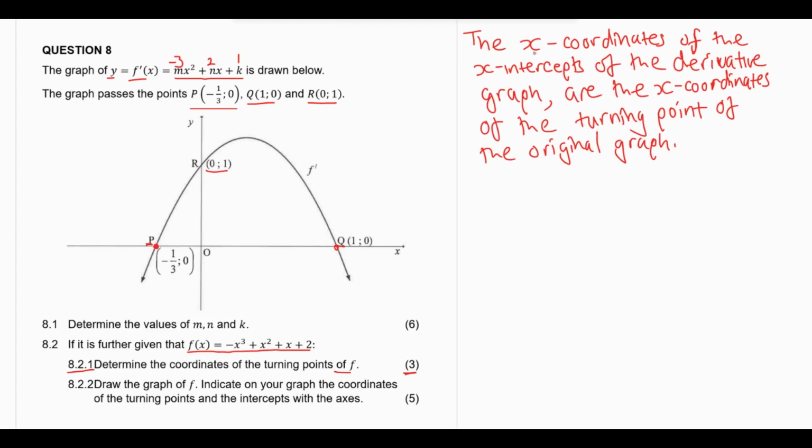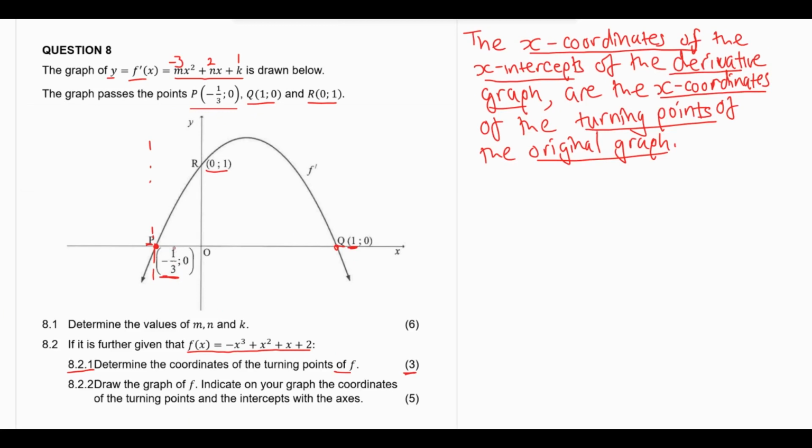So we're saying the x coordinates of the x-intercepts of the derivative graph are the x coordinates of the turning points of the original graph. So it means the turning points of the original graph are where? At where x is equal to negative 1 over 3 and where x is equal to 1. That's where we find the turning points of the original graph.